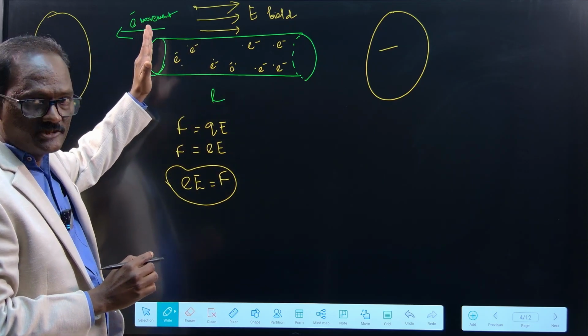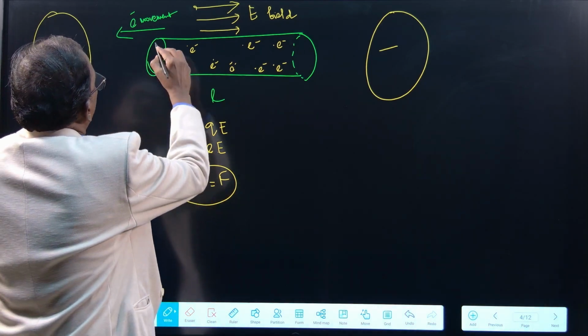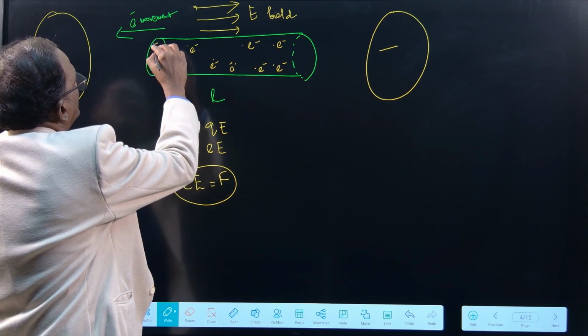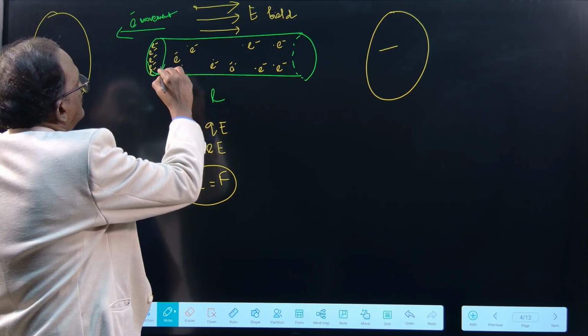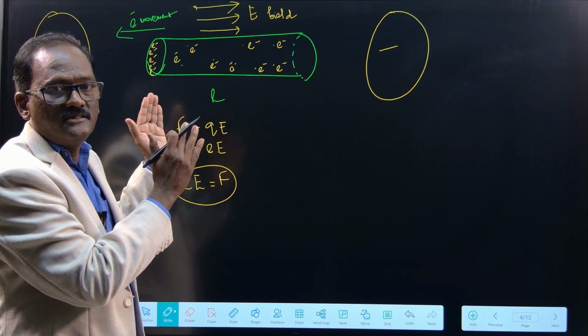They cannot jump out of the conductor. So all the electrons will be accumulated here as negative charge, and they will stay here.